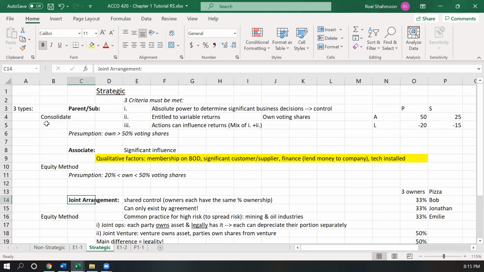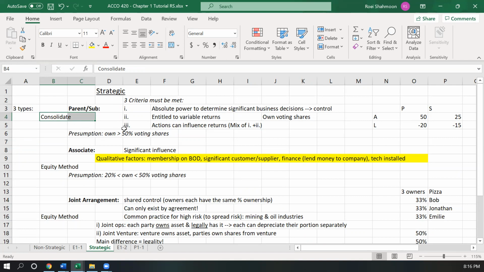For the parent subsidiary, this is where we're going to do chapters 2, 3, 4, and 5. This is, again, the meat of the class. When you have a parent subsidiary relationship, you consolidate. This seems like a big, scary word, but trust me, after we do chapter 2, chapter 3, and 4, I'm going to say, okay, not too bad. I promise.